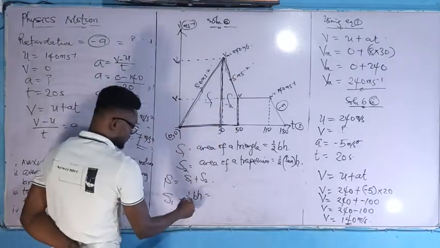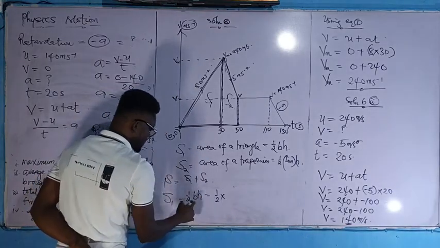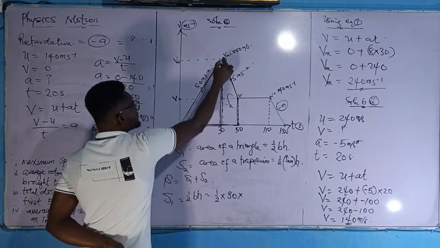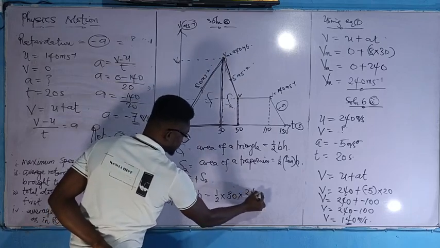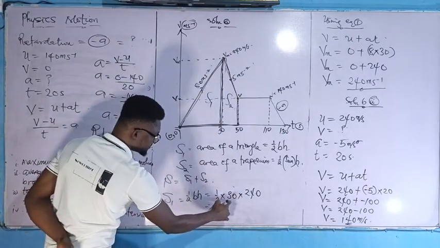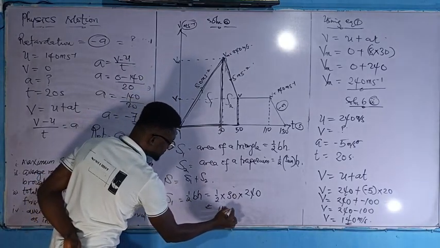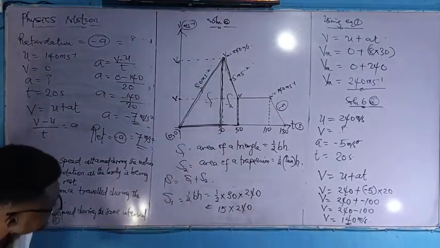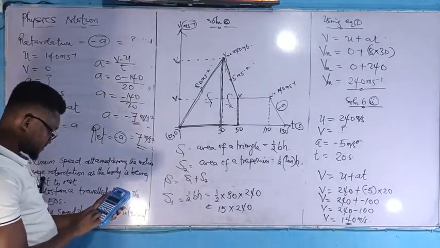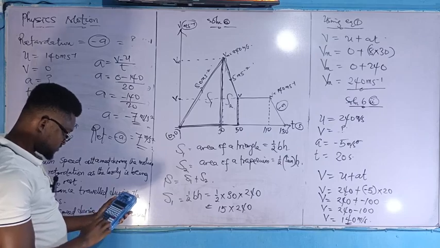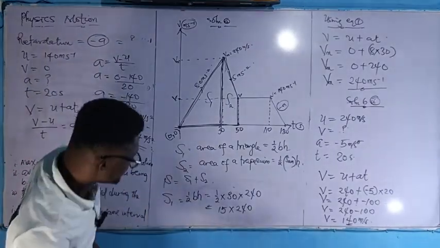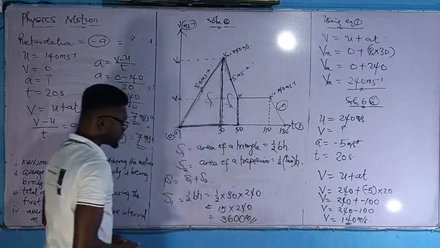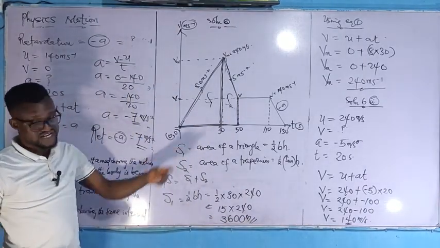So we have half times 30 times 240. Half of 30 gives 15, then times 240. So 15 times 240, we have 3,600 meters. So we've got the area of this triangle.